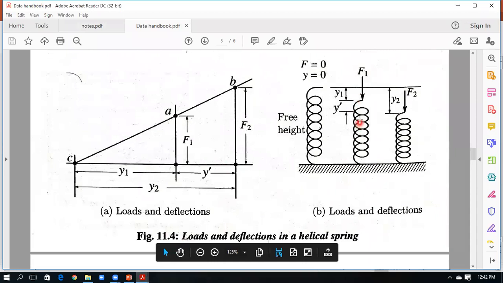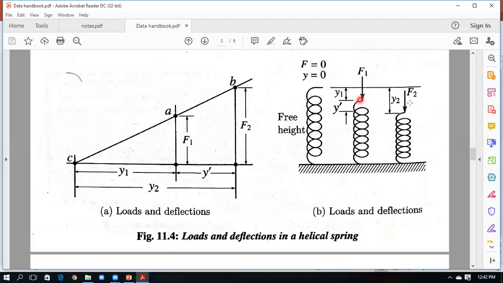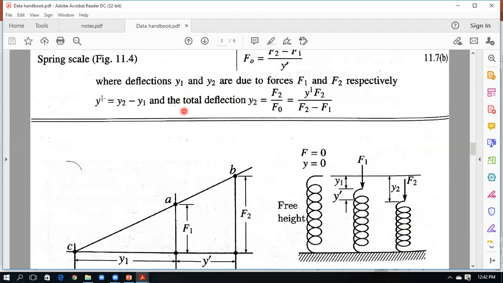This is the spring subjected to load F1. Assume that the F1 load is 45 and F2 is 55. Here the maximum load is acting, and from this you get Y2, the total or maximum deflection. You have to use this formula.